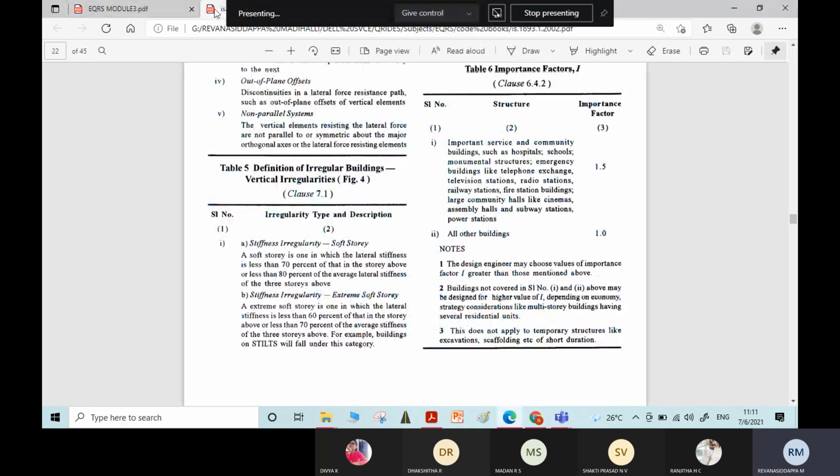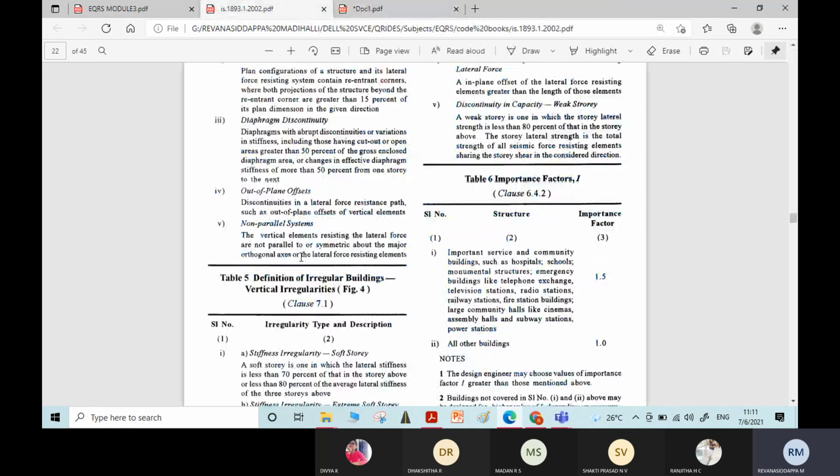The same thing is written. With respect to vertical irregularity, there is one more term we will use, that is extreme soft storey. In case of stiffness irregularity, there are two main types. One is soft storey, another one is extreme soft storey.